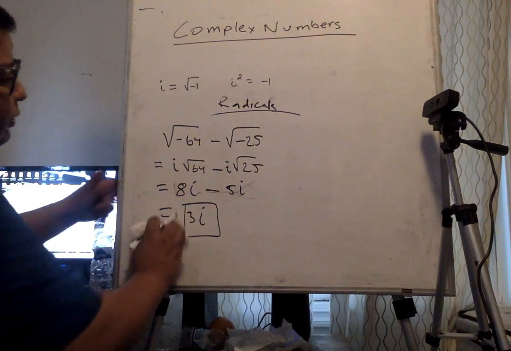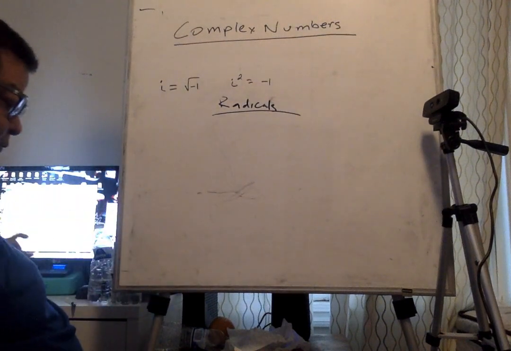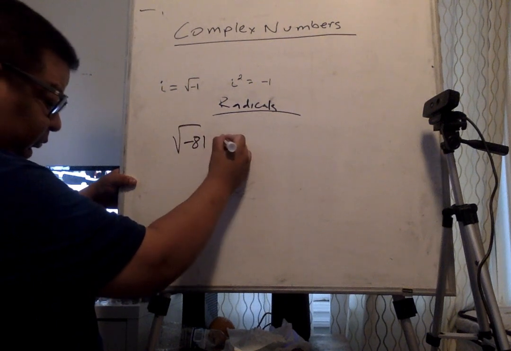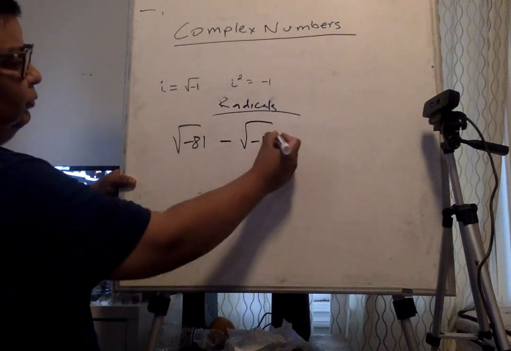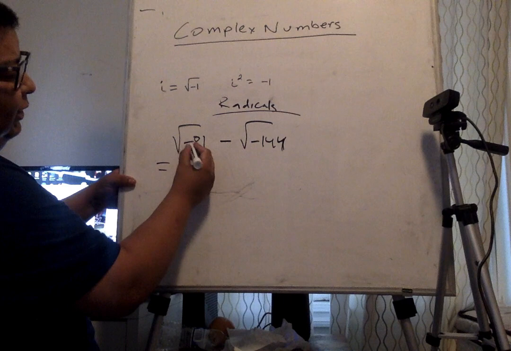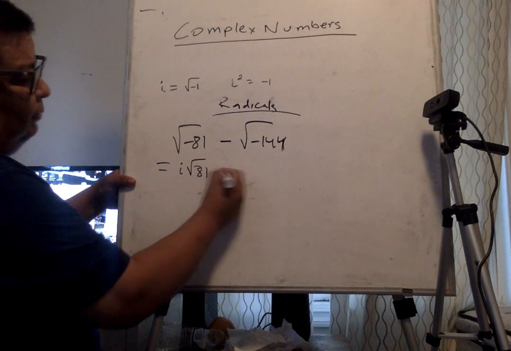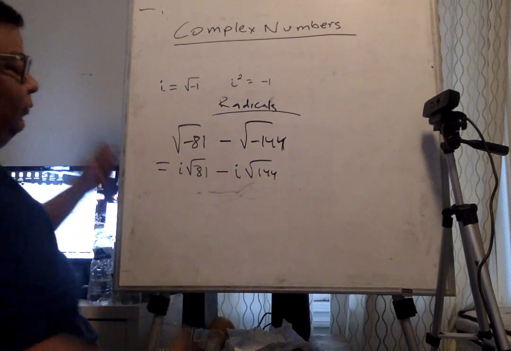Let's do one more of this one so you get used to it. That would be square root of negative 81 minus square root of negative 144. So first thing first, we get rid of the negatives. So we pull one i out of it. i square root of 81 minus i square root of 144.